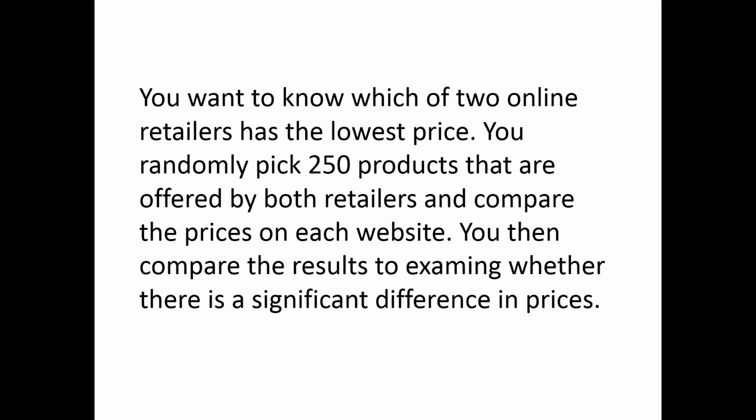certain types of bad luck, right? If you have these two websites and you randomly select products from website A and then randomly select different products from website B, there's always a chance that the products from website B that you selected just happen to be some of the more expensive products there.